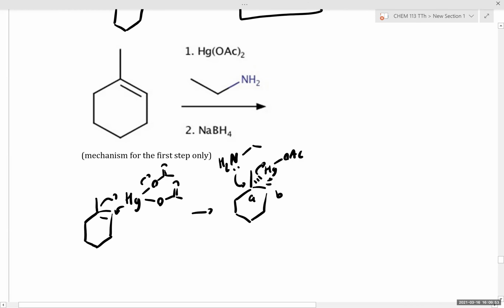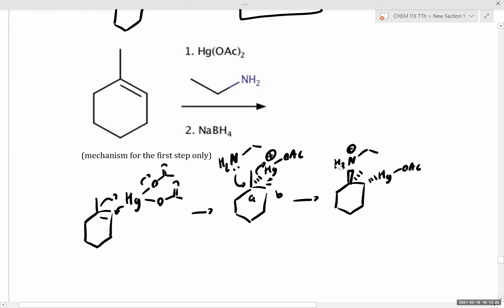So we're going to attack and open up this mercurinium ion. And this is important. Does oxymercuration occur with syn or anti-stereochemistry? Anti, exactly right. So the amine is installed on the opposite face relative to the mercurinium ion.